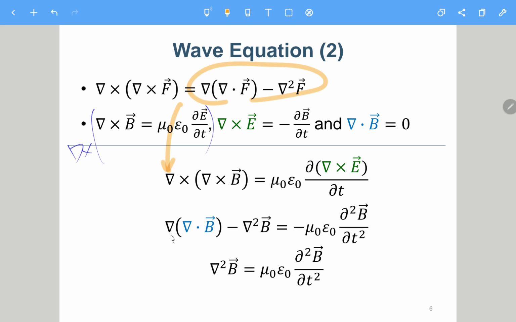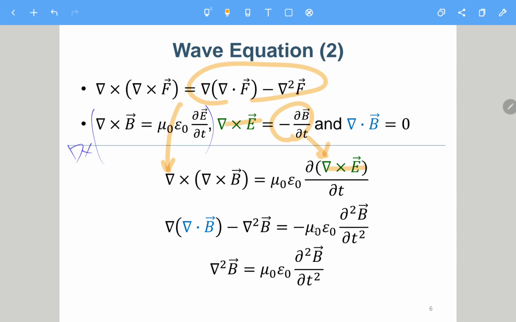So on the left side we have gradient of divergence of B minus Laplacian of B, and then equals mu naught epsilon naught, and then the partial t of curl of E. Here on the right side we can see this is curl of E, so we can make use of Faraday's law and plug this one in here.